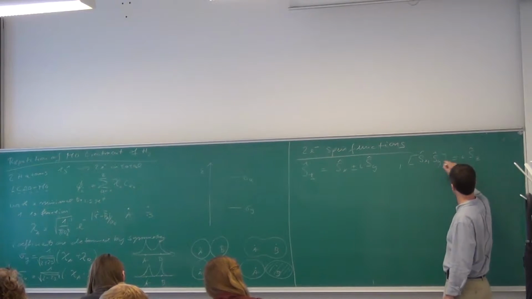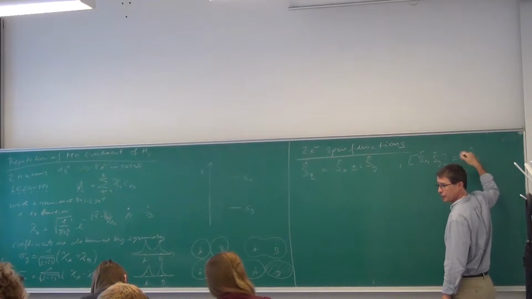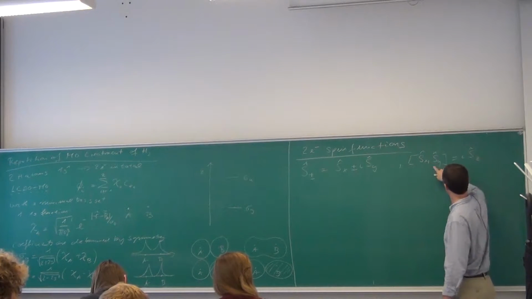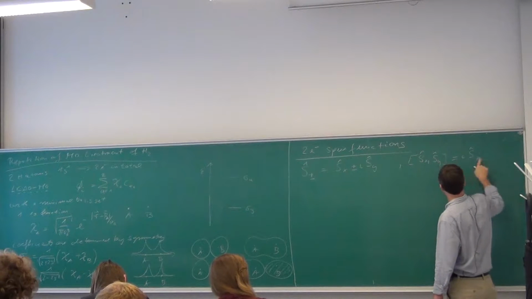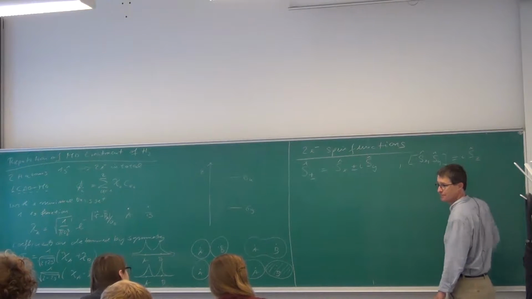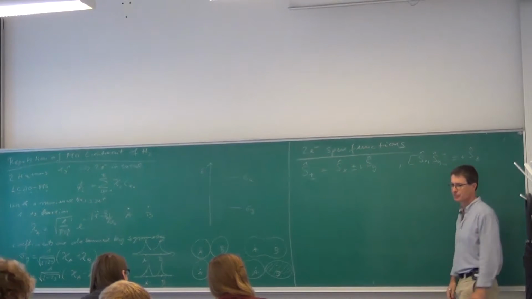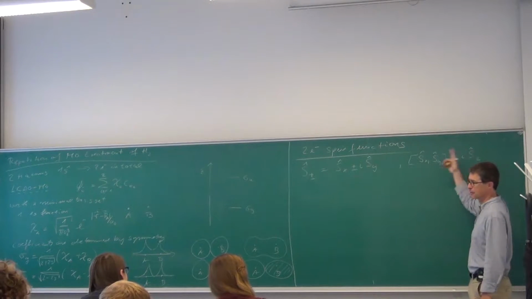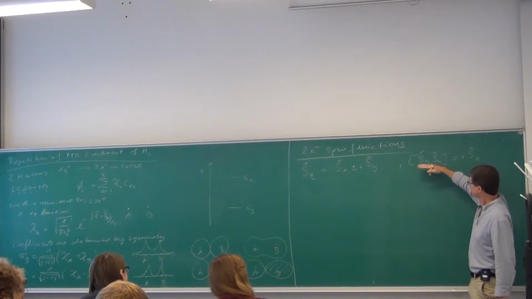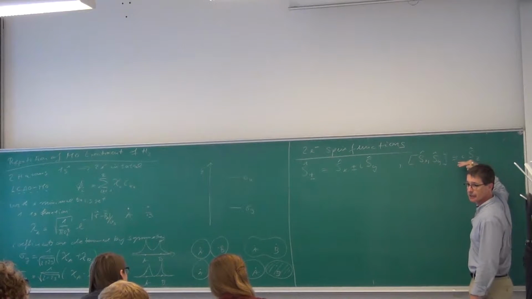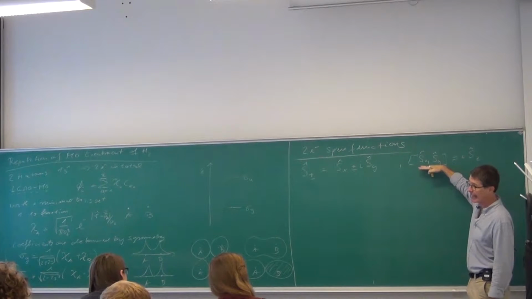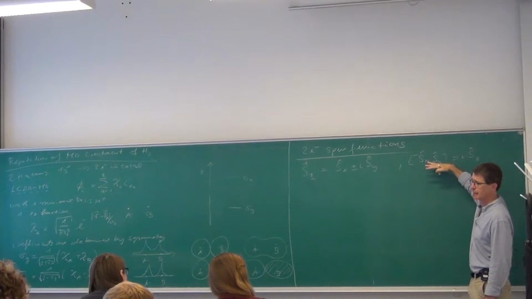And you can cyclically commute that around: x, y, z, x, y. Like with all angular momentum things, you can cyclically commute them around. Since they don't commute, the commutator is not zero, it means they cannot have a common set of eigenfunctions.